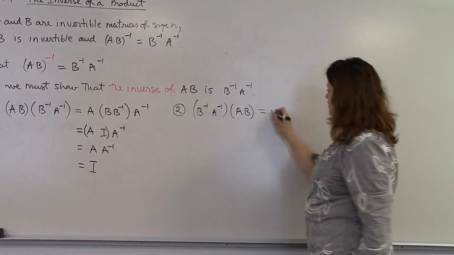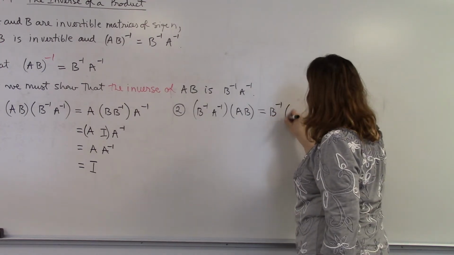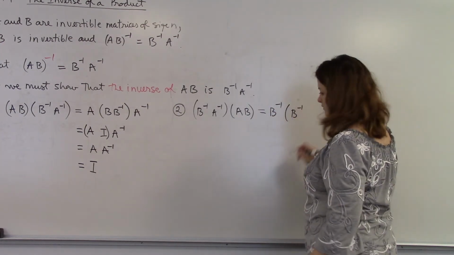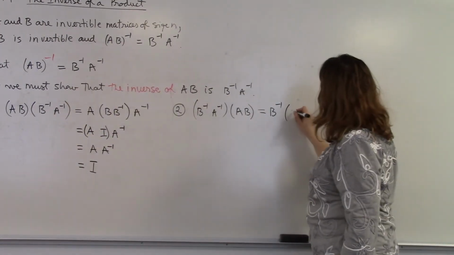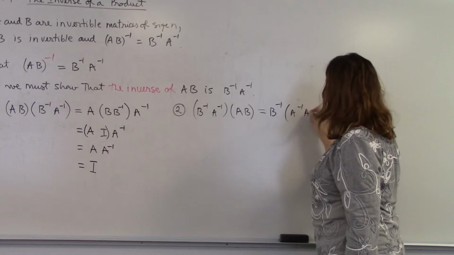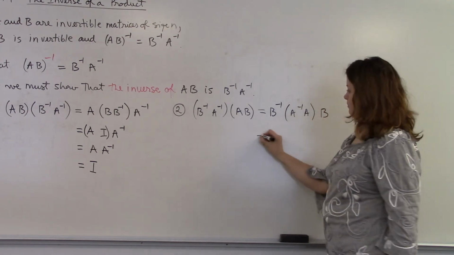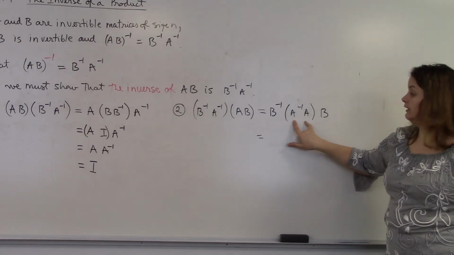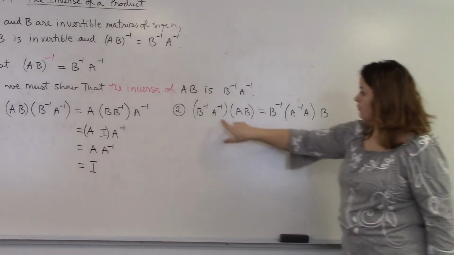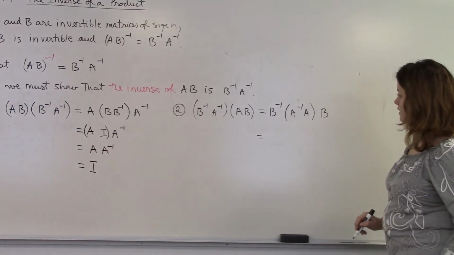I'm moving my parentheses, so B inverse times A inverse A times B. I am using the associative property of multiplication of matrices, and I can group those any way I want.